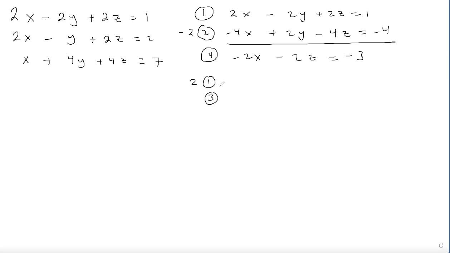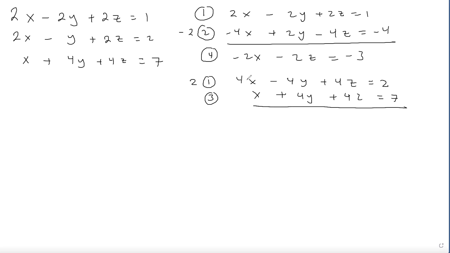So here we're going to have 4x minus 4y plus 4z equals 2. And I'll copy down equation 4 here. x plus 4y plus 4z equals 7. So those will make a 5x, and we're going to call this one equation 5.